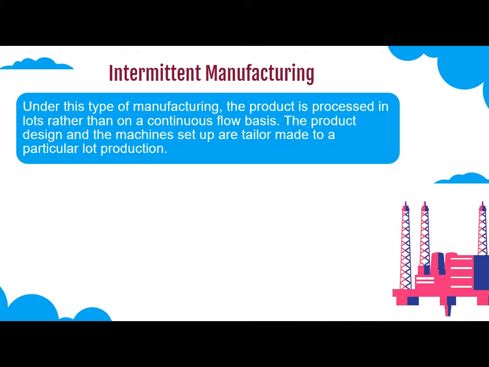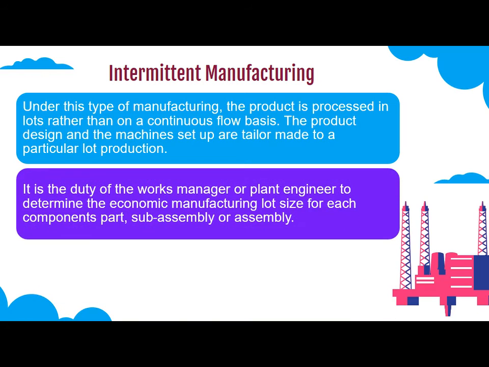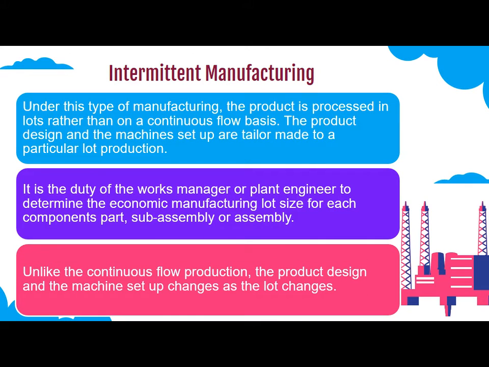The product design and the machine setup are tailor made to a particular lot production. It is the duty of work managers or plant engineers to determine the economic manufacturing lot size for each component, part, sub-assembly or assembly. Unlike continuous flow production, the product design and the machine setup change as the lot changes.